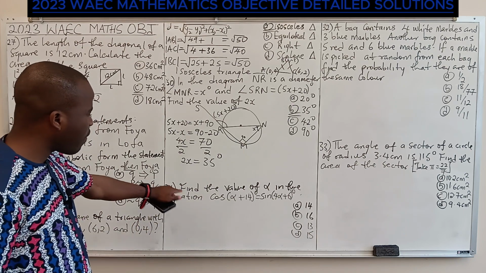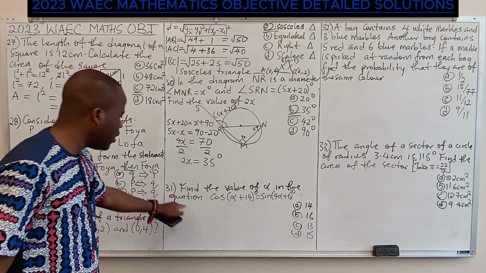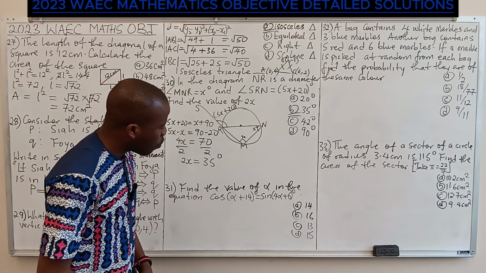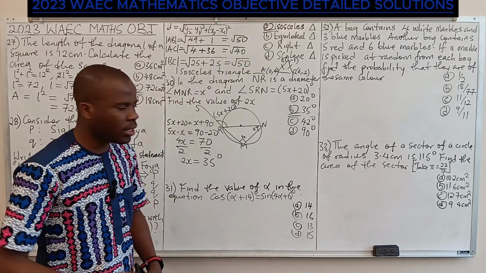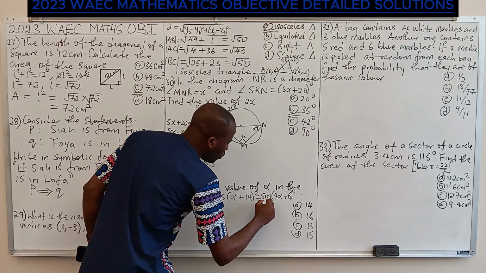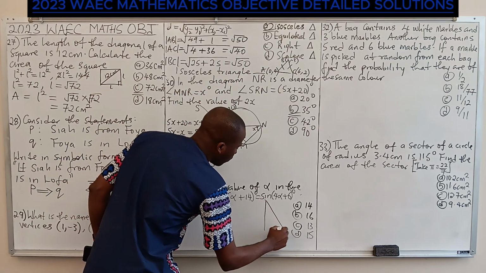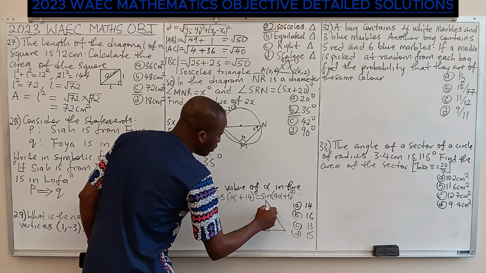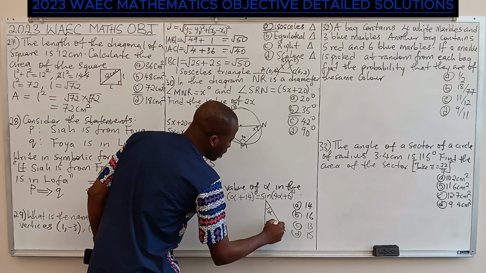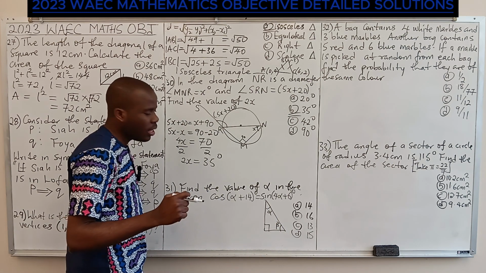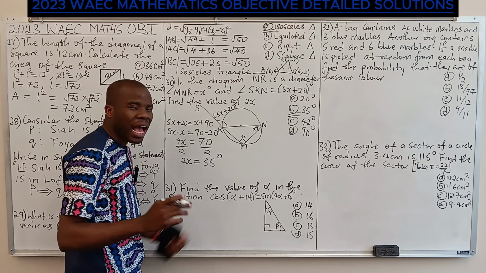31 says, find the value of alpha in the equation cos (alpha plus 14) equals sine (4 alpha plus 6) degrees. What you have to know is that if you have a right angle triangle, and here is alpha and here is beta, cos and sine are complementary.